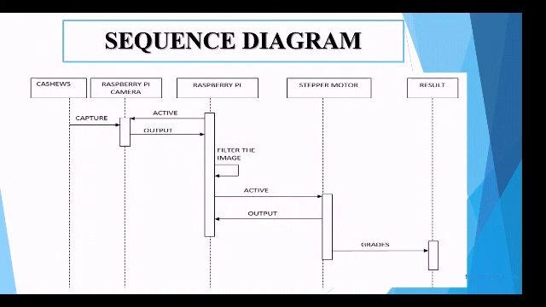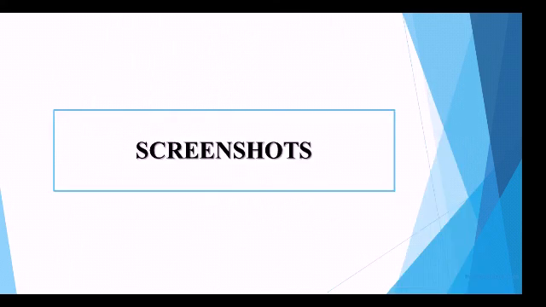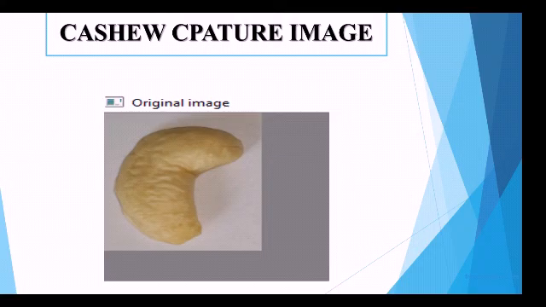The Raspberry Pi filters the image from color to grayscale conversion, as we saw in the diagram, and it will activate the stepper motor, and based on the cashew nut, the stepper motors run. Whichever type of cashew is coming from the bed, the results are the 4 types of grades obtained.